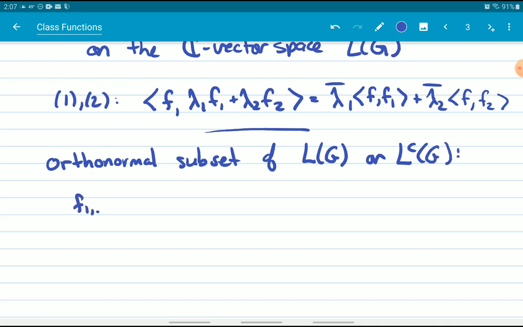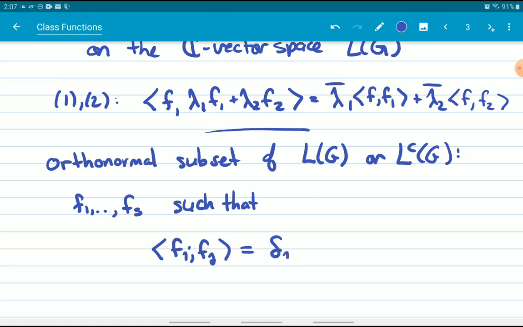That's a list of functions, let's say f1 through fs, such that if I pair fi with fj, I get either 0 or 1. Writing that with the Kronecker delta, you get 1 if i equals j, and 0 if i is not equal to j.